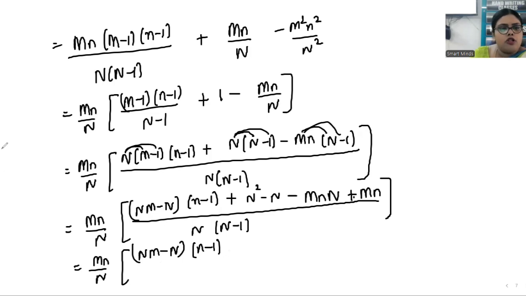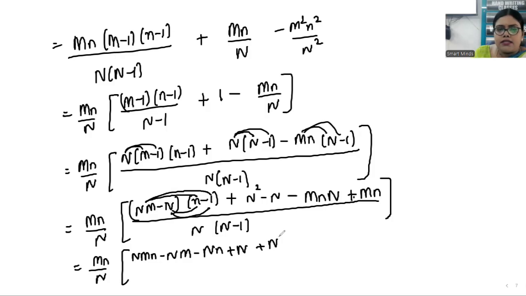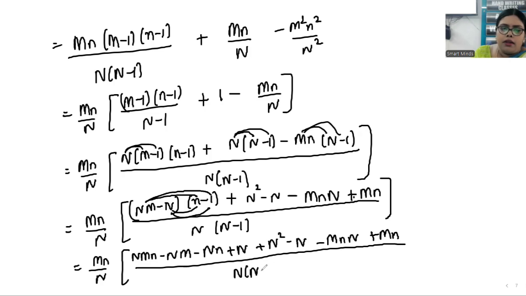Let us multiply this also now. So Nmn minus Nm minus Nn plus N square minus N minus mNN plus mn, whole divided by N into N minus 1.